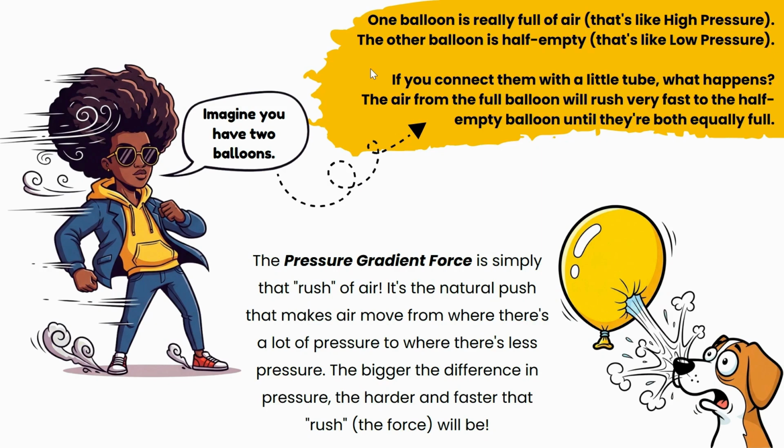The air from the full balloon will rush very fast to the half empty balloon until they are both equally full. So the pressure gradient force is simply that rush of air. It's the natural push that makes air move from where there's a lot of pressure to where there's less pressure. The bigger the difference in pressure, the harder and faster that rush or force will be.